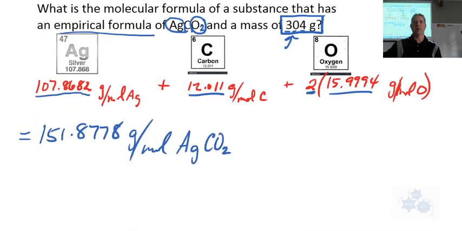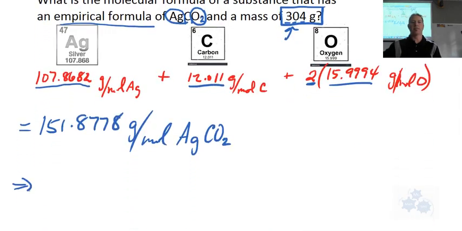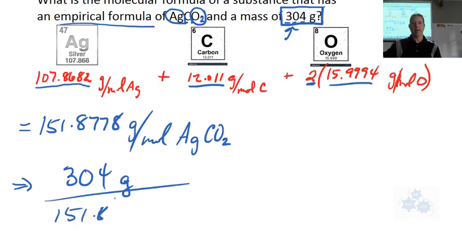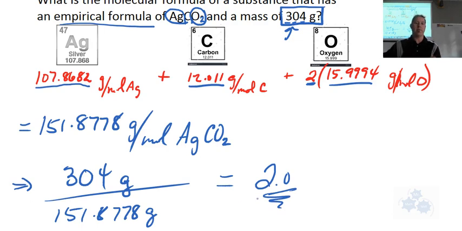So this is the easy part. So you take the actual, which is 304 grams, that's what we're given, and you divide it by this empirical formula mass. And of course what we get here is pretty much exactly 2.00 something. But it's pretty close to 2, and so you're going to use that number of 2.